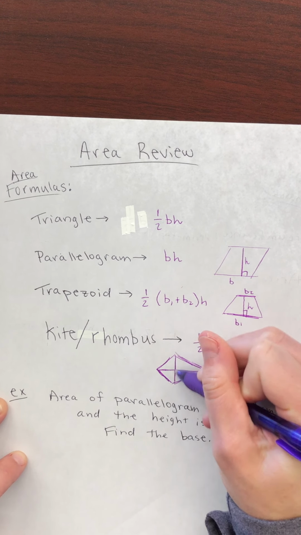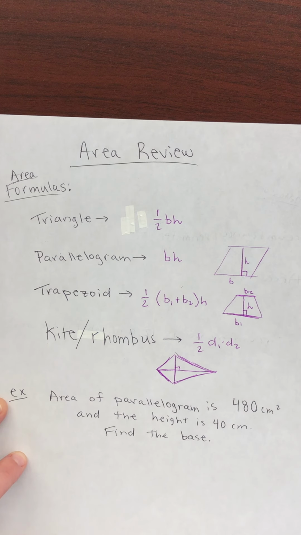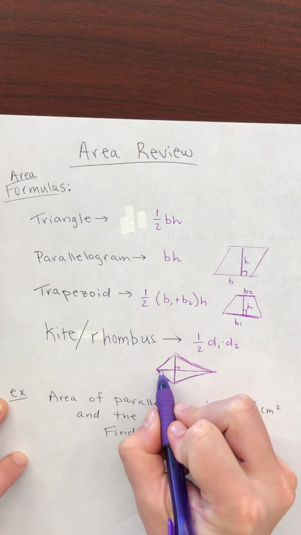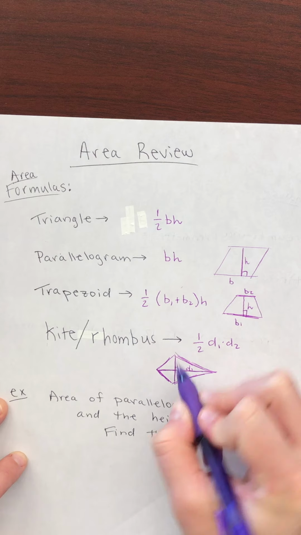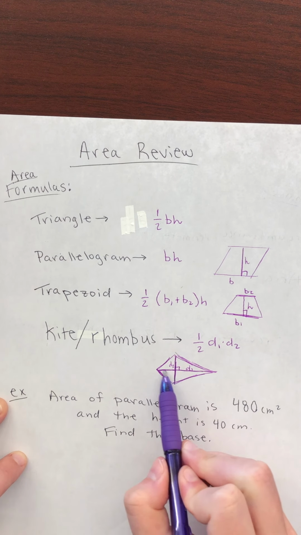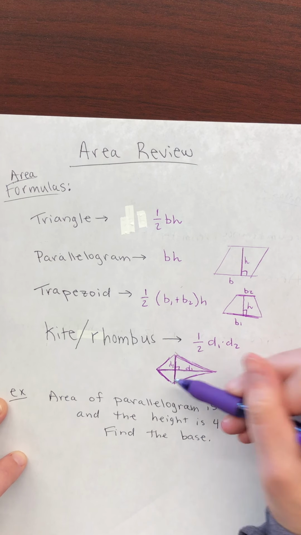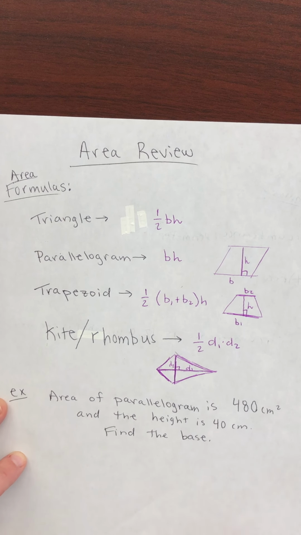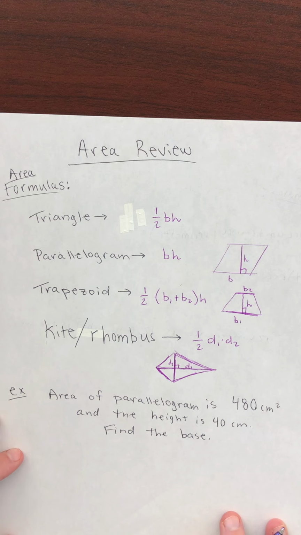There's my kite-ish. Has diagonal. So this would be our D1, and this whole distance would be D2. So then you would do 1/2 this distance times this distance. A rhombus is the same. You multiply its diagonals and you divide by 2.